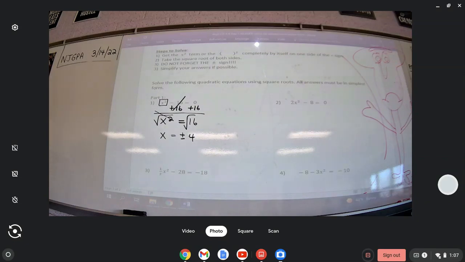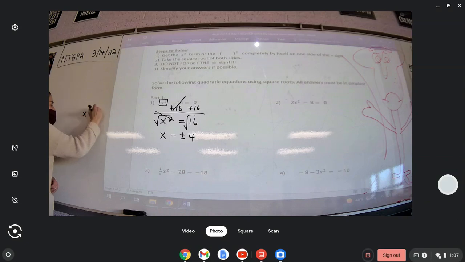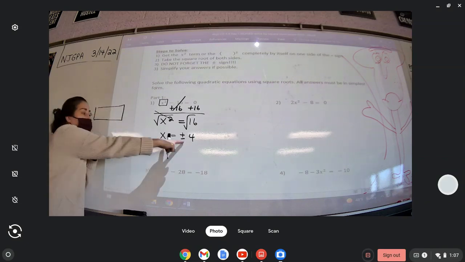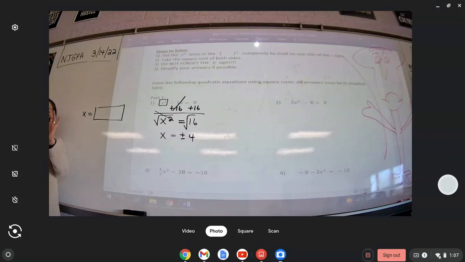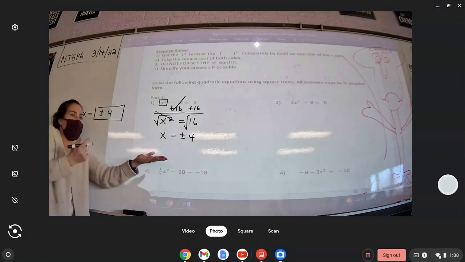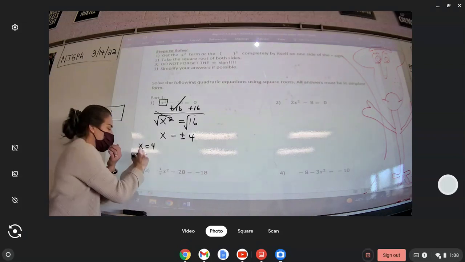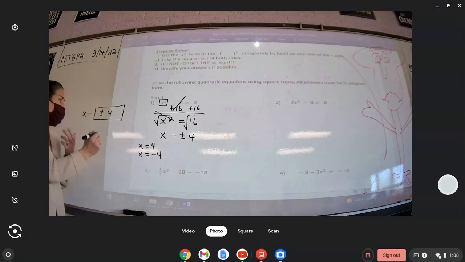Go ahead, Derek. How would you do that? So on Delta Math, I believe it's going to have an x equals in front of the answer box, and then they're going to give you a plus or minus symbol. There's a plus or minus symbol on Delta Math below your answer box somewhere on the keyboard. You can literally put in plus or minus 4 like that, or realize one answer is when x is positive 4, and the second answer is when x is negative 4.